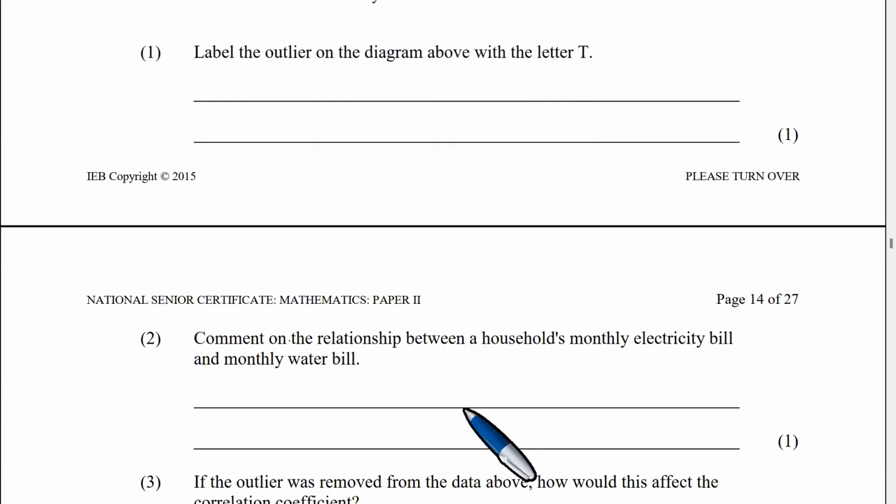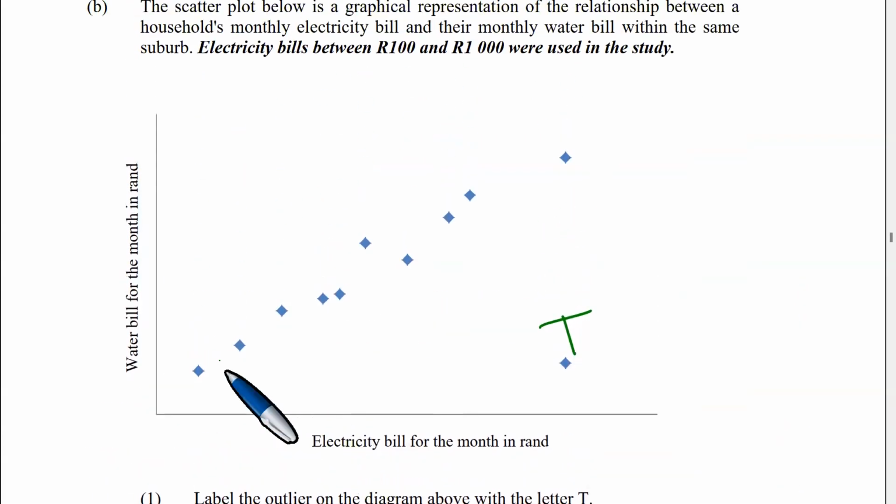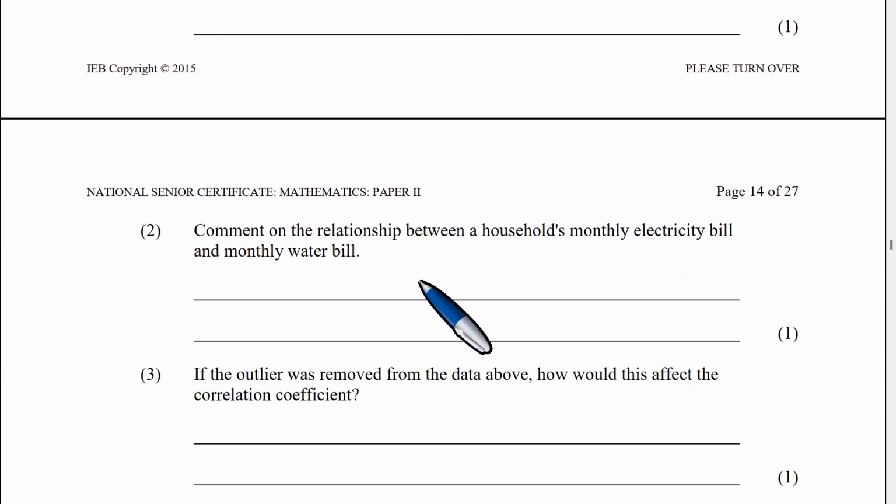Next, comment on the relationship between the household's monthly electricity bill and monthly water bill. So what do we see here? The relationship between the water and the electricity bills there, okay? There's a strong positive relationship because most of the points are closer to each other.